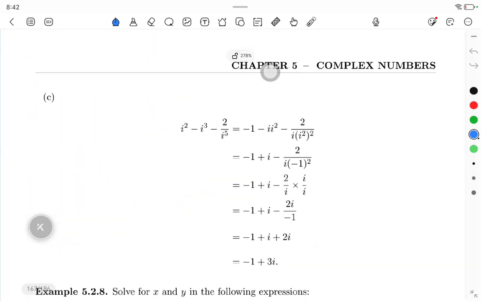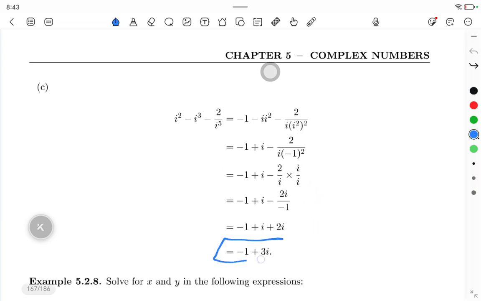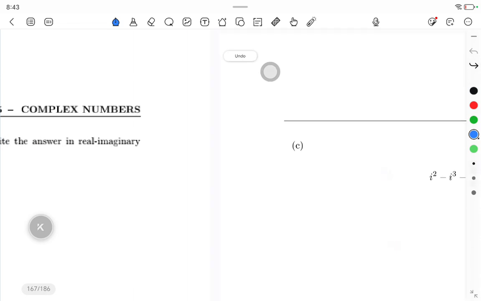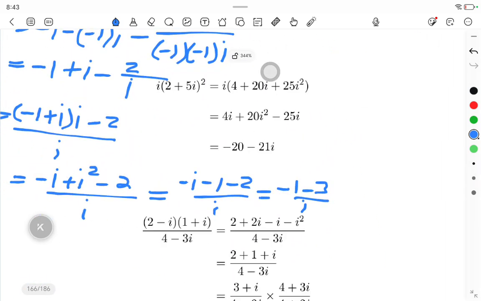You can tell me, what do you think is the conjugate of this? Didn't you guys see the conjugate when I was showing you somewhere here? I think you should have checked that. What is the conjugate of this here? How do we multiply by this?